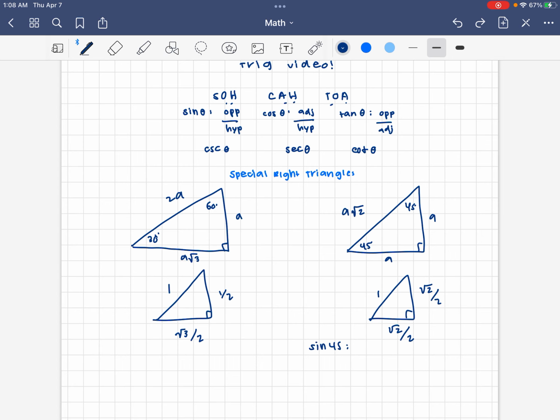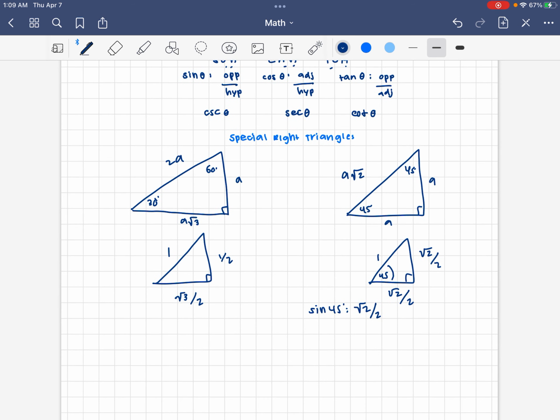So we're looking at the 45-degree angle, and you take the opposite, the side across from it, and put it over the hypotenuse, which is 1. So sine 45 degrees is just square root of 2 over 2.